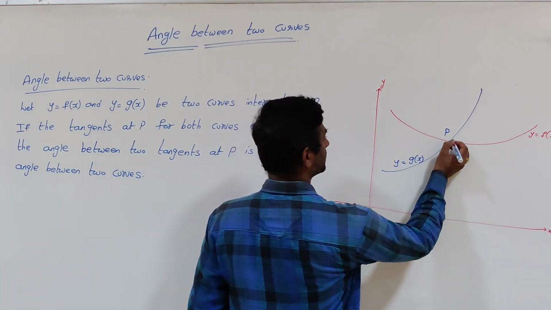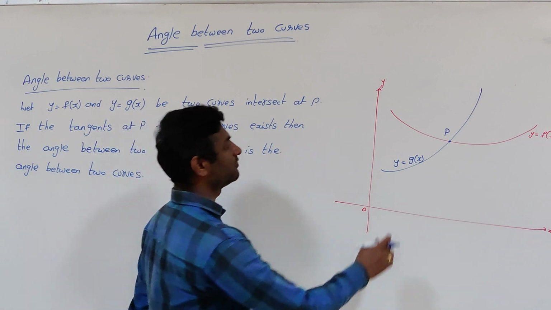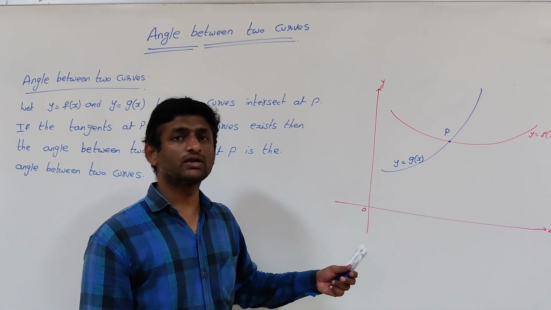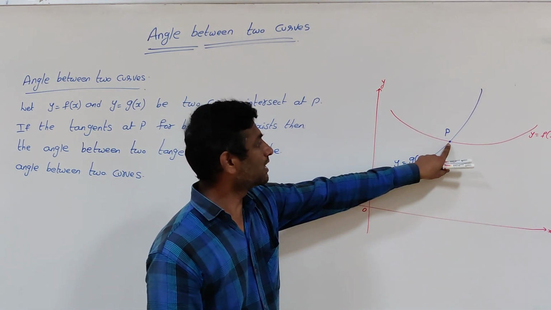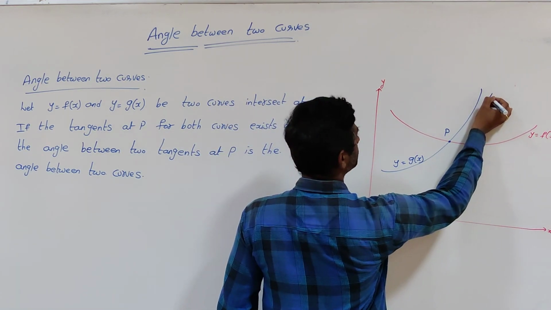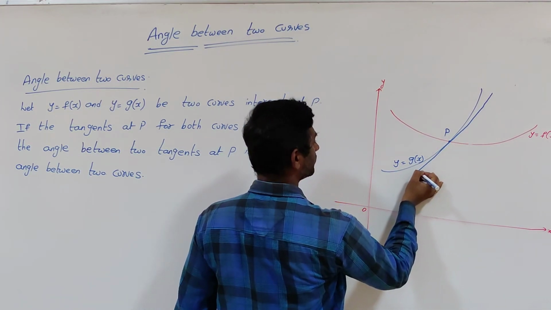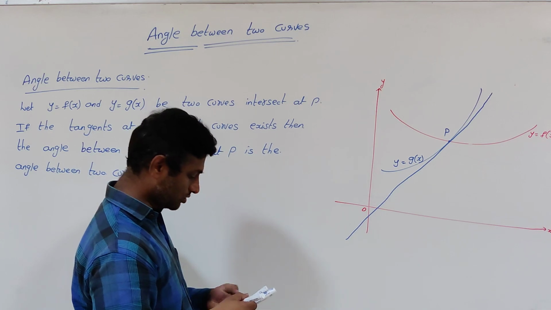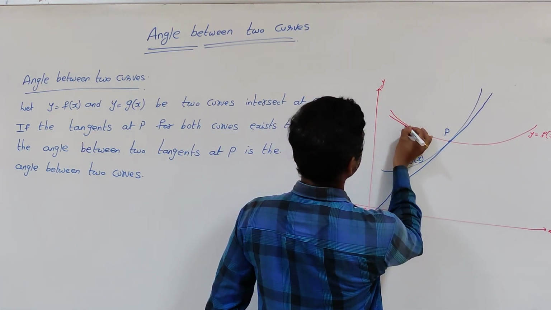Then the tangents to both the curves exist. So we can find the tangent, which means we have to find the slope of the two curves at the point of intersection. So we can have the tangent at P for the curve y is equal to g of x, and one more for f of x also.